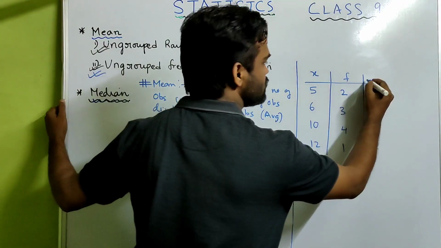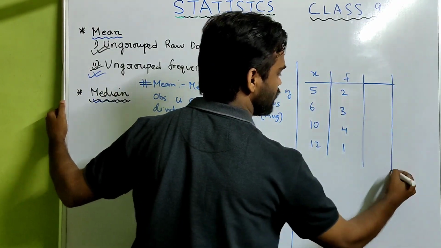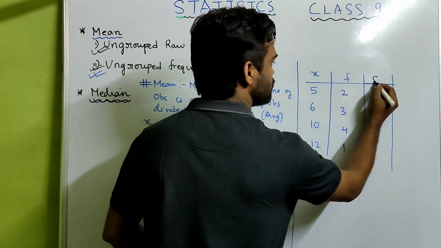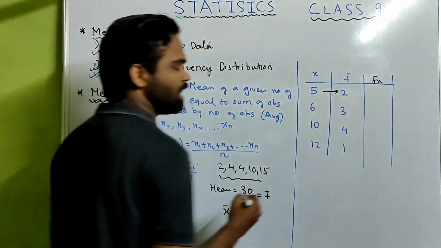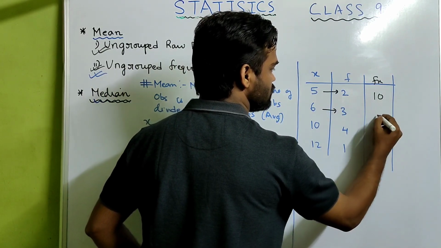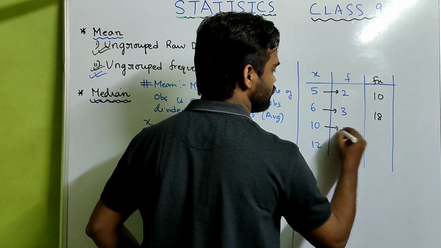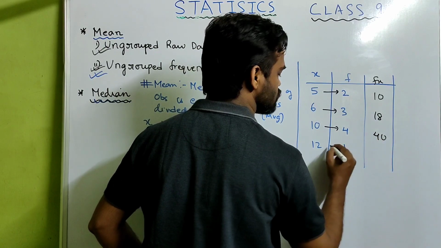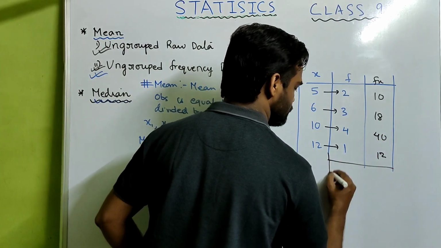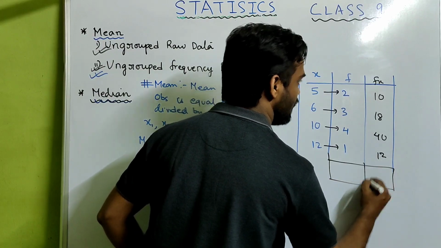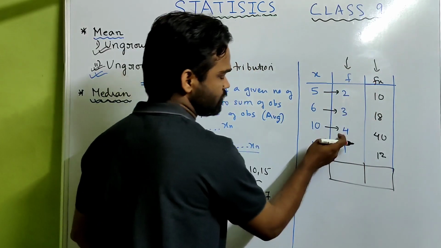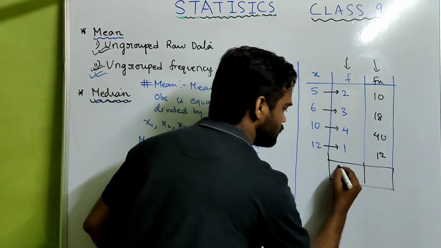Simple. First make a new column fx, which is simply you multiply f and x. 5 2s are 10, 6 3s are 18, 10 4s are 40, 12 1s are 12. Then add fx and add f. For f: 4, 5, 6, 7, 8, 9, 10.